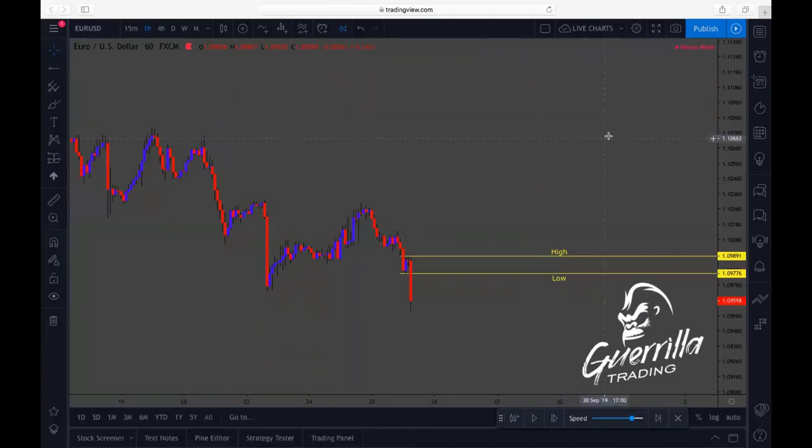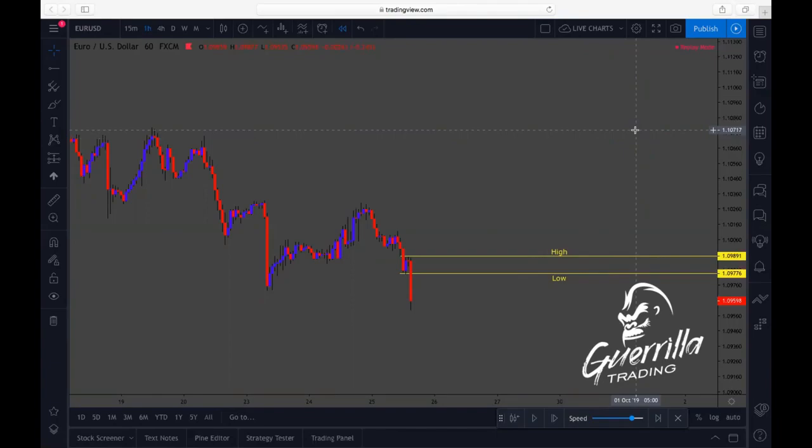Ascending and descending channels, and how do we recognize them in the market? So guys, one of the key things that I wanted to go over was ascending and descending channels, because when we look at the Forex market, the market goes either up or down. By going up, we have an uptrend, and by going down, we have a downtrend.